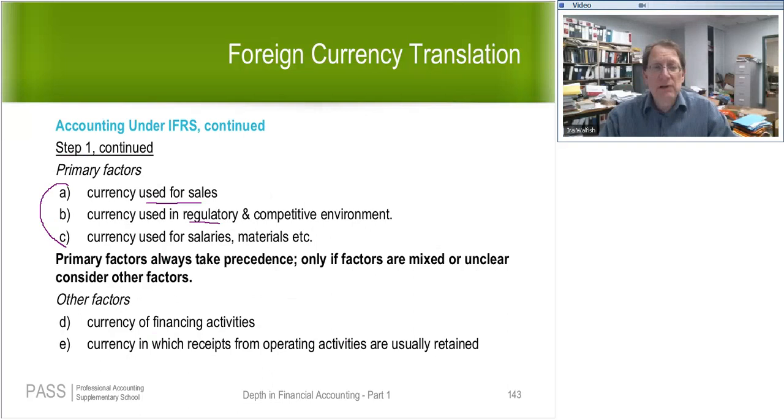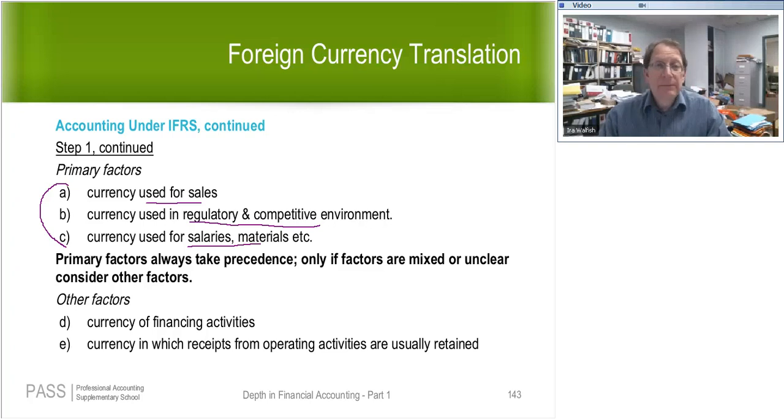Now, if all three, A, B, and C, are the same currency, you're done. It wins. That's the functional currency. But what if I have some sales in US dollars and some salaries in Canadian dollars? That's called mixed, and you have to keep going.